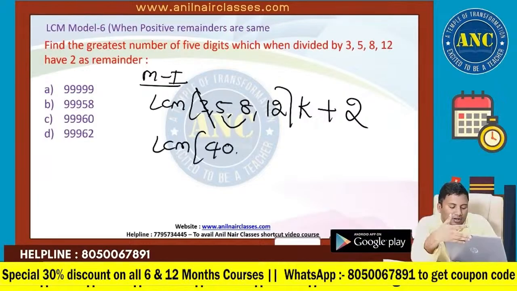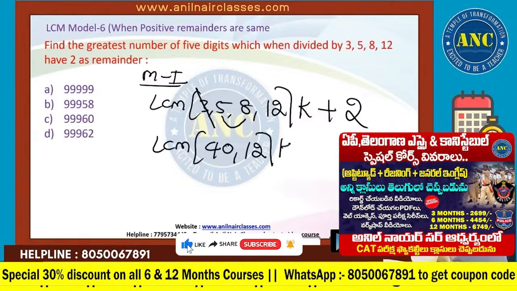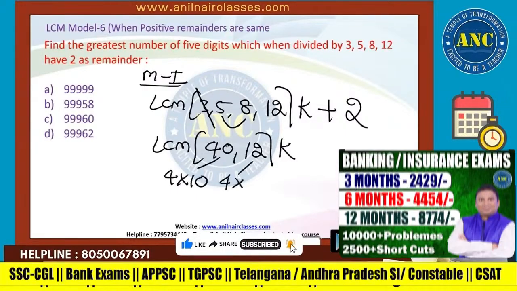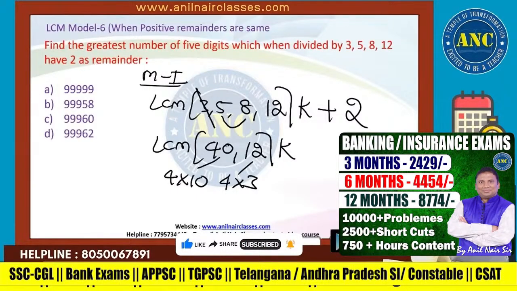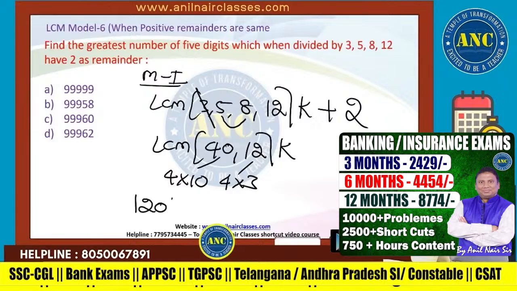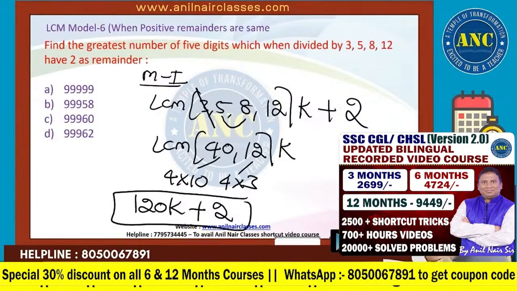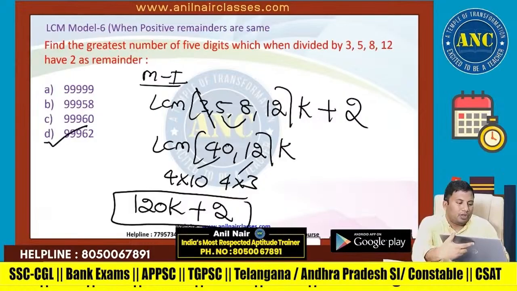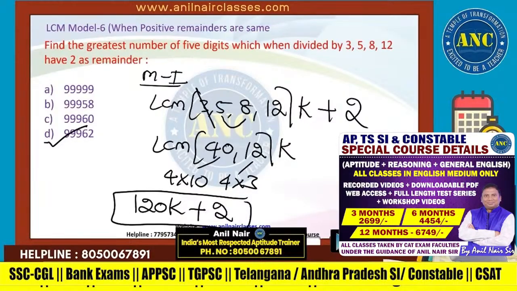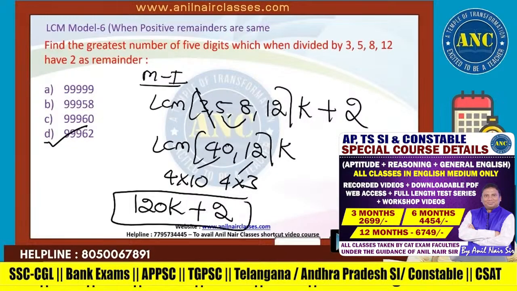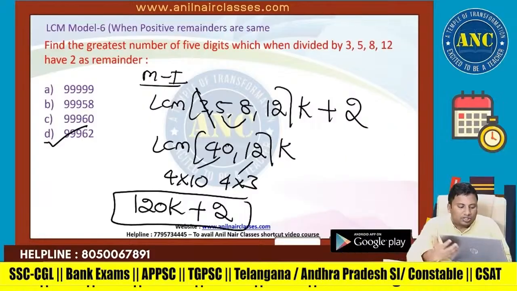LCM of 40 and 12 into k: 4 into 10 and 4 into 3, so 4 into 30 is 120k plus 2, which gives 99962. If you substitute a value, you will come to know, or otherwise you don't need to.